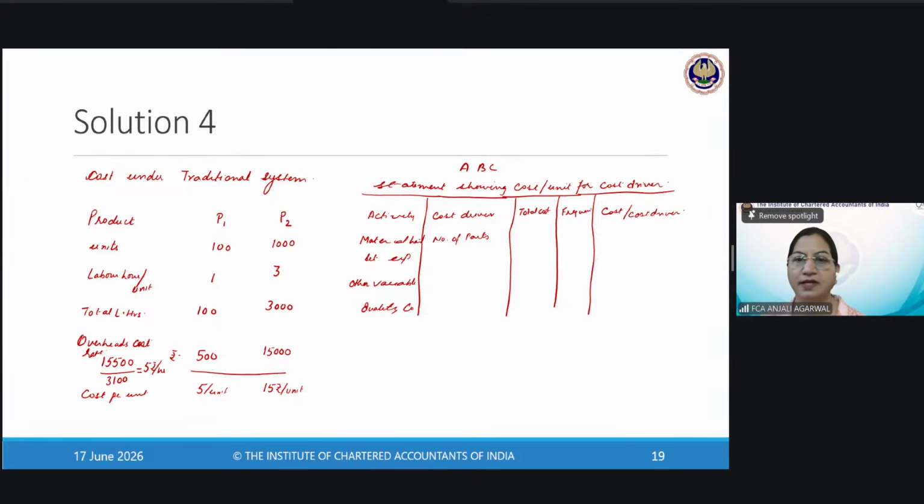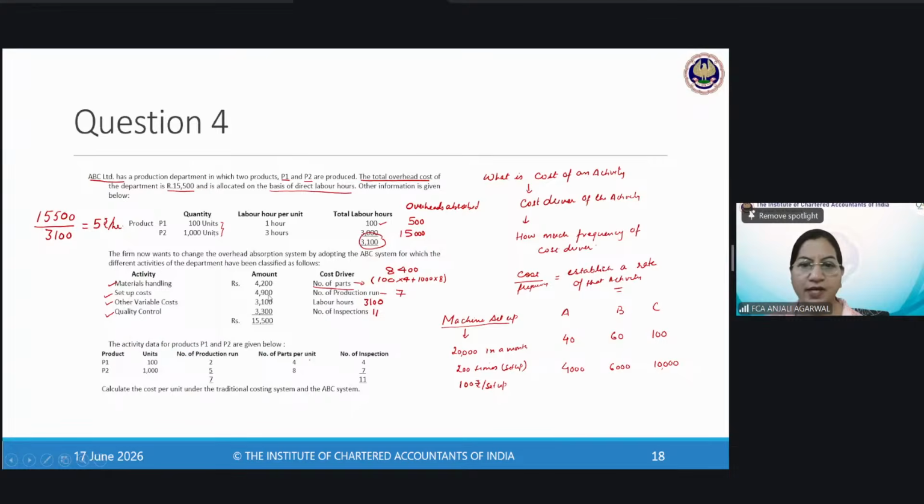So material handling is the activity, cost driver is number of parts. The total cost was 4,200. 8,400 parts were used, 400 plus 8,000. So the cost per unit of the driver comes out to be 50 paisa per part. Setup cost, production run. The total setup costs are 4,900.